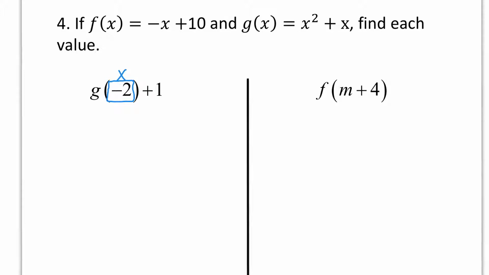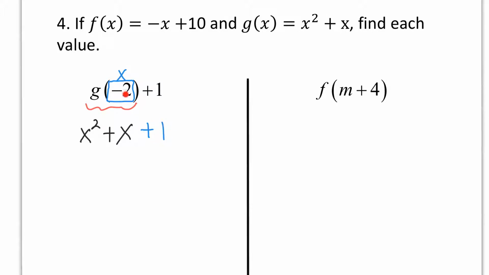So first, I'm just going to write down the function of g, and that's going to be x squared plus x. So notice what I did. I just took the function of g and wrote it down, but I do have a plus 1 at the end. So this plus 1 comes down here.